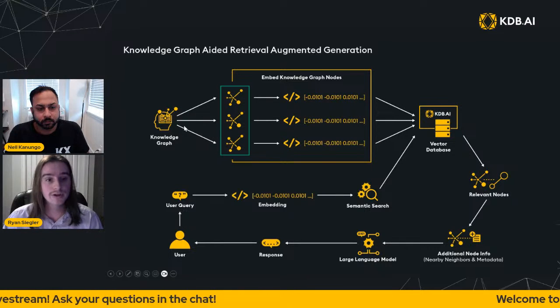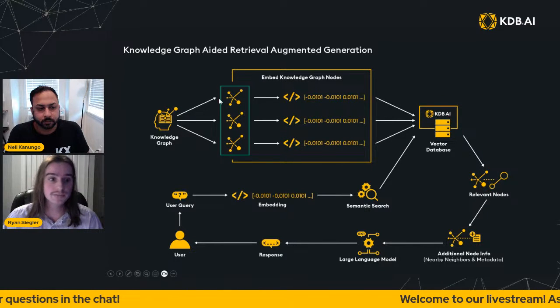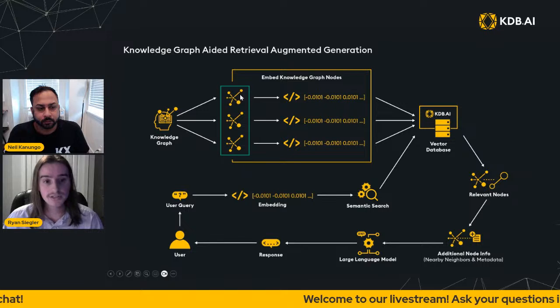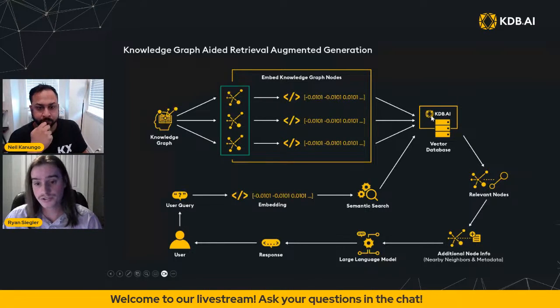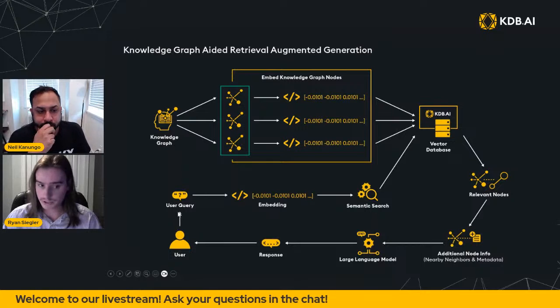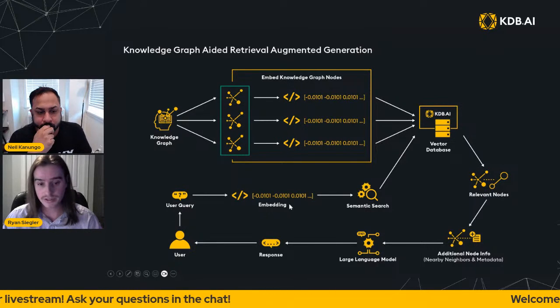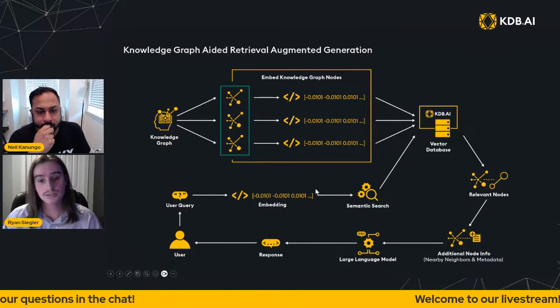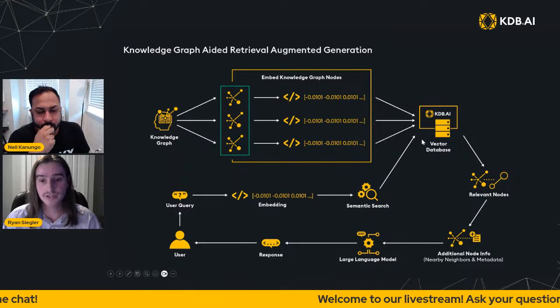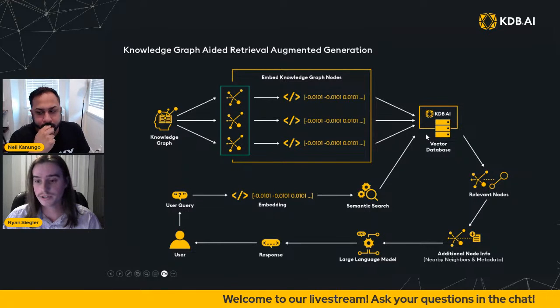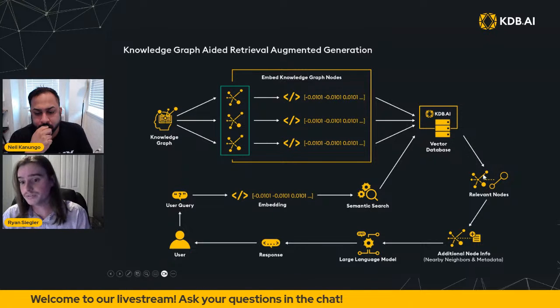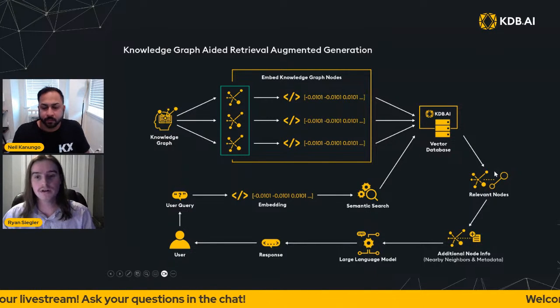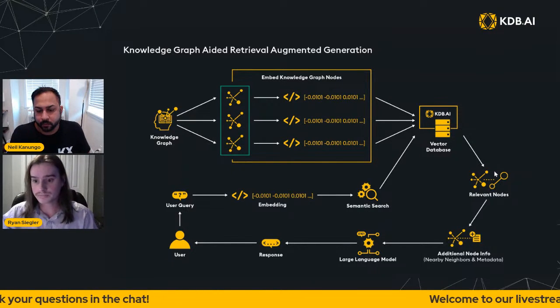It's a similar way where instead of chunking up documentation, you just take your different nodes in your knowledge graph and embed those nodes, store those in our vector database, same type of thing. We embed that query, and we can do a semantic search, similarity search between our query and the vector database. And then what we'll retrieve is relevant nodes, just like we would retrieve relevant chunks.